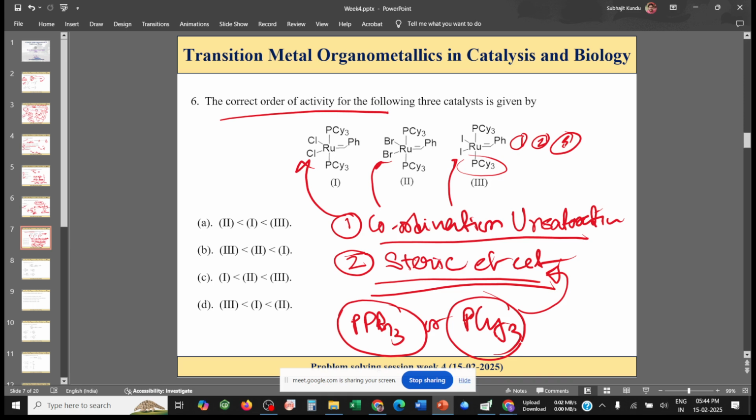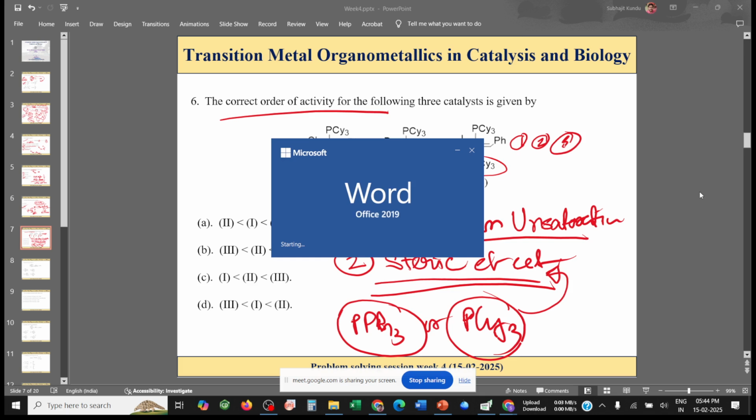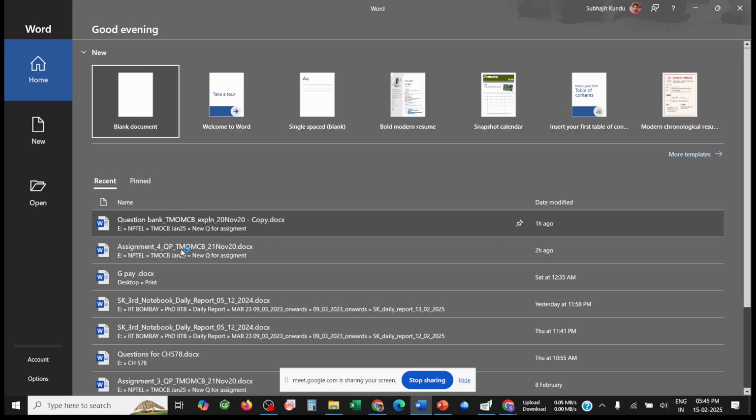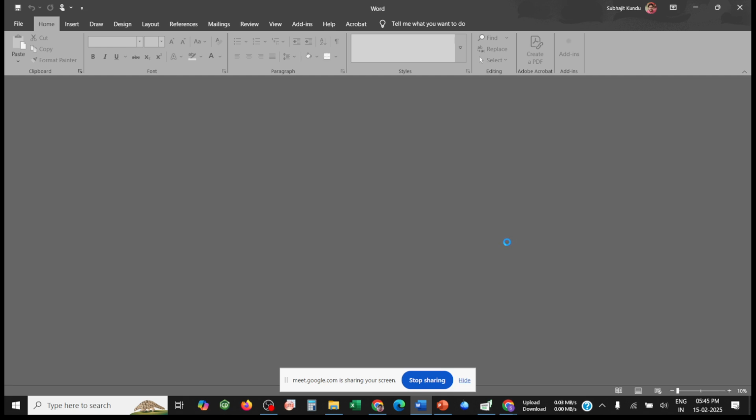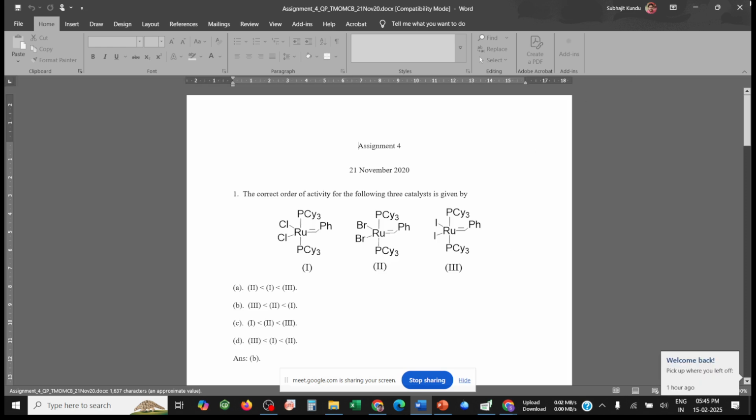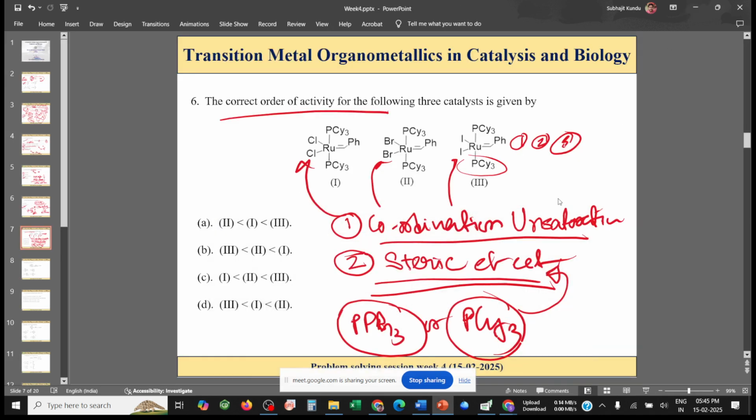The activity of the chloride will be more than the corresponding iodide, and for iodide the complex leaving tendency will be very much non-facile, so Grubbs catalyst is only suitable for the chloride.